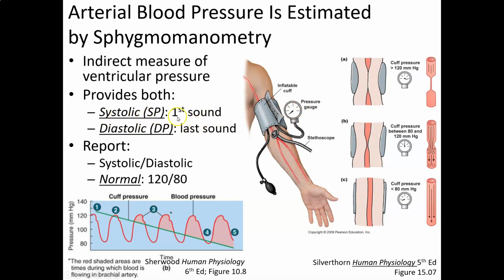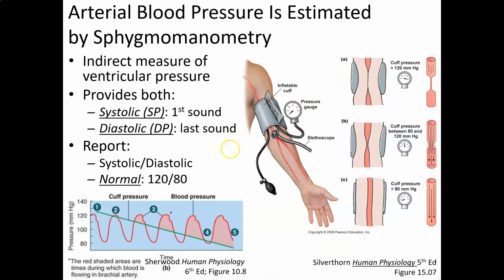In a nutshell, the first sound we hear is called the systolic blood pressure, and the last sound we hear will be the diastolic blood pressure. When we report blood pressures, we measure them with systolic over diastolic by convention. As an example, a normal blood pressure, which nowadays is not considered that normal anymore, would be 120, that would be systolic, and 80, that would be diastolic.